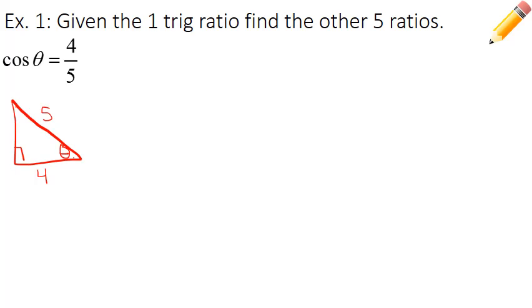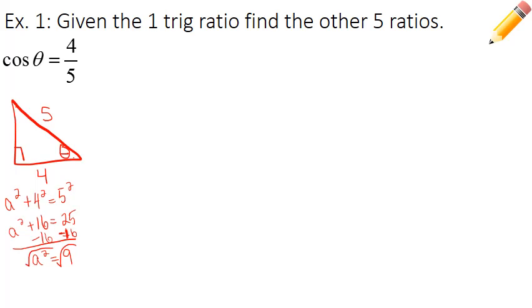So now what we need to do is use the Pythagorean theorem. Let's call the tall side A. A squared plus 4 squared is going to give me 5 squared. So A squared plus 16 is equal to 25. Subtract 16 from both sides. That's a subtract 16, sorry about that. A squared is equal to 9.